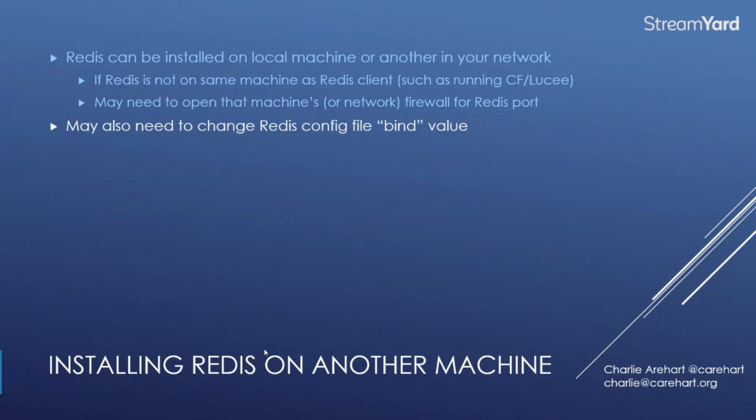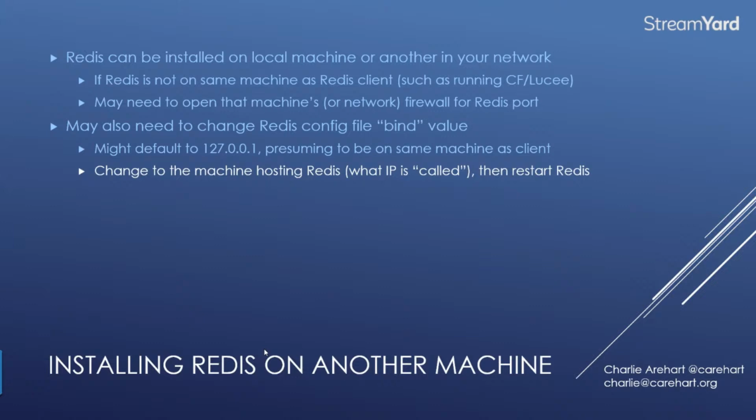And that bind value in some circumstances may be set to be bound to only 127.0.0.1, meaning it's presuming that it can only be talked to from a client sitting on the same machine. It's not the address from which the request is coming, it's the address to which the request is going. If the request into Redis is to 127.0.0.1, it lets it in. If it's from some other machine with the IP address of this machine, it doesn't let it in. So you might need to change it, is my point.